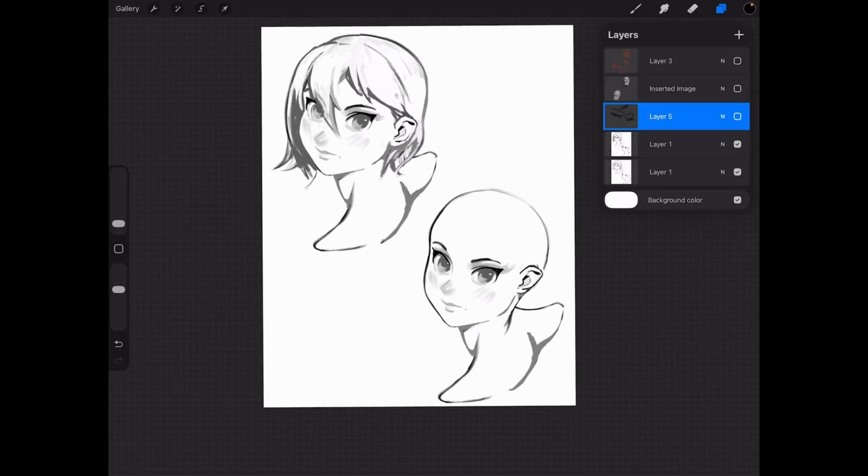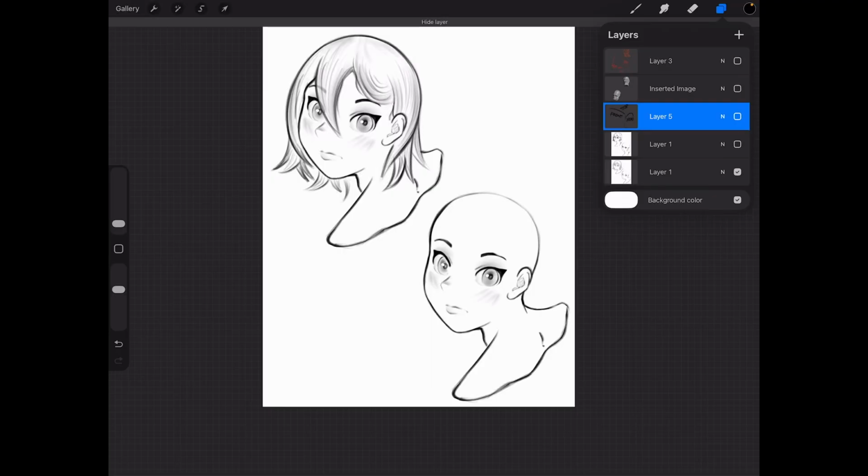This one is something that I noticed from the start too, which is the bridge of the nose. The bridge of the nose is relative as any other feature, but it's very sensitive to the change of angle of the head.